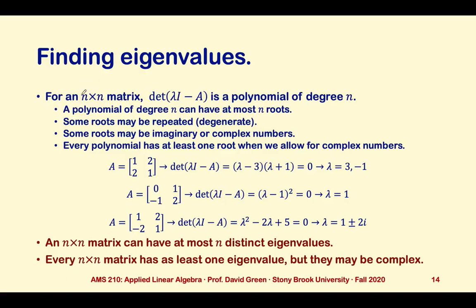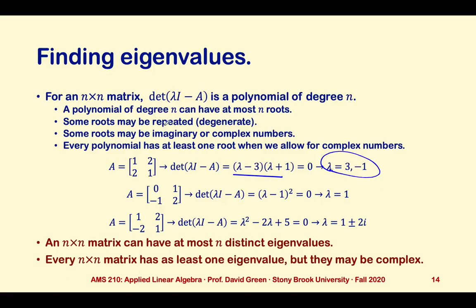For an n by n matrix, this characteristic polynomial is a polynomial of degree n, which can have at most n roots, but some of these may be repeated, sometimes called degenerate. For example, our characteristic polynomial of degree 2 gives us 2 roots.